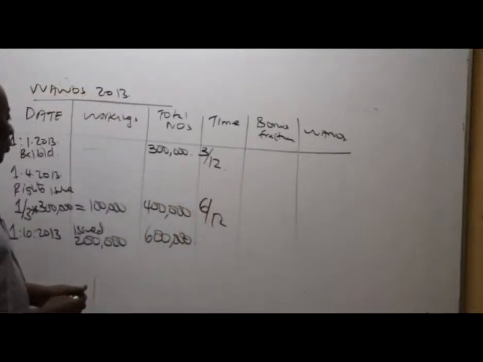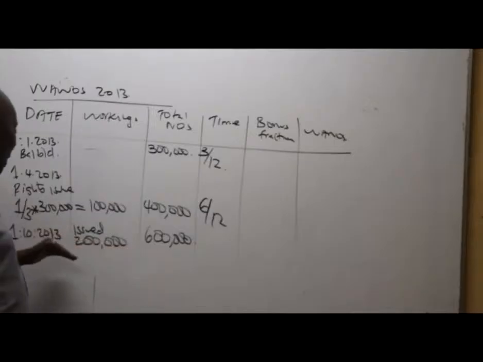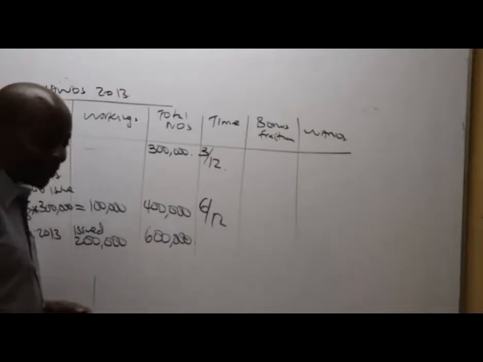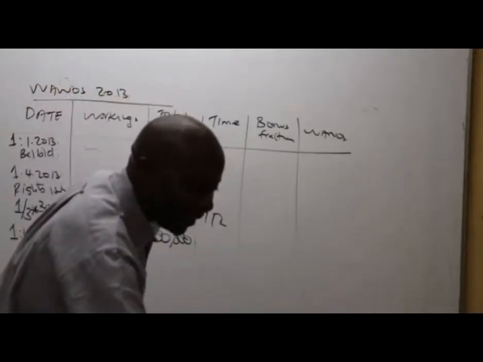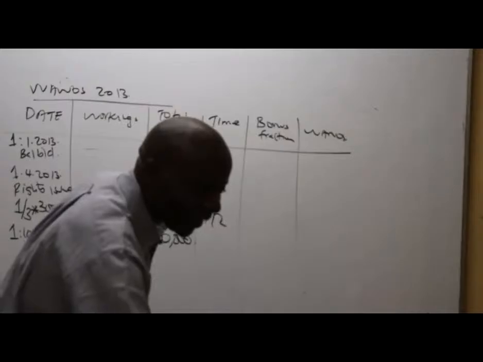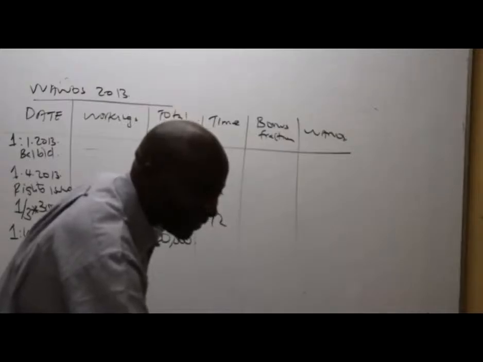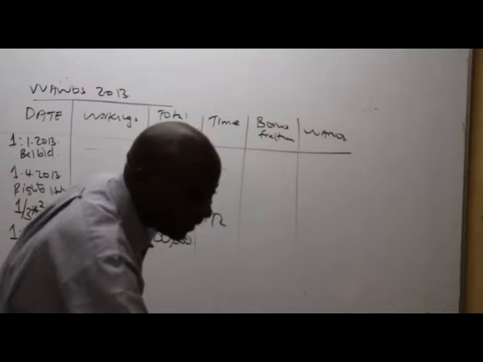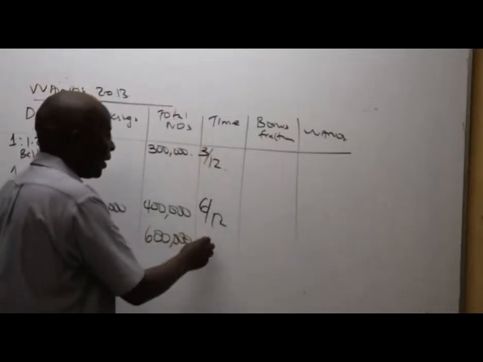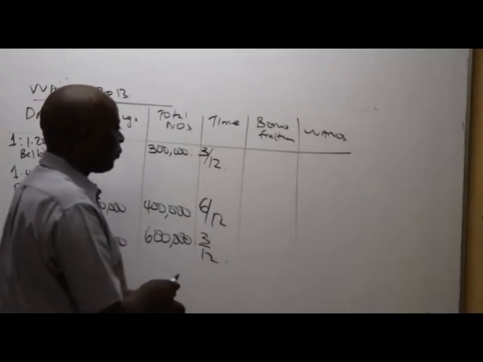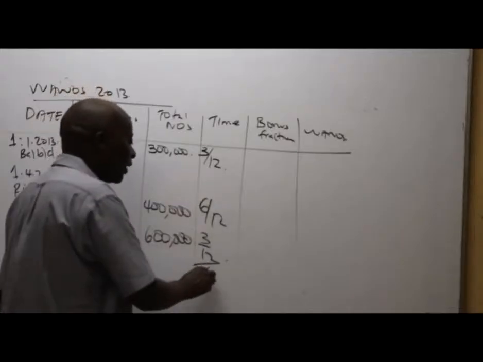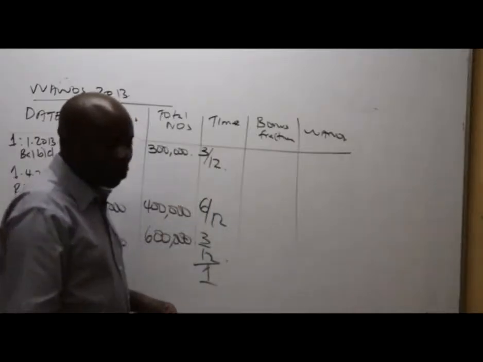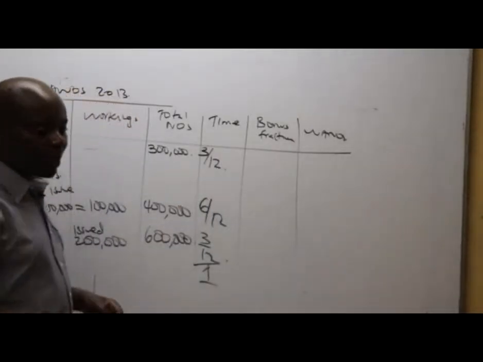From there, ladies and gentlemen, we are talking of this month to the end of the year, to December. Of course, there will be 3/12. And time fractions, when you add them, must always add up to 1.